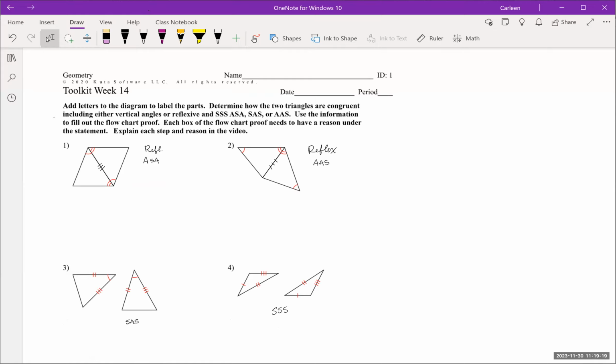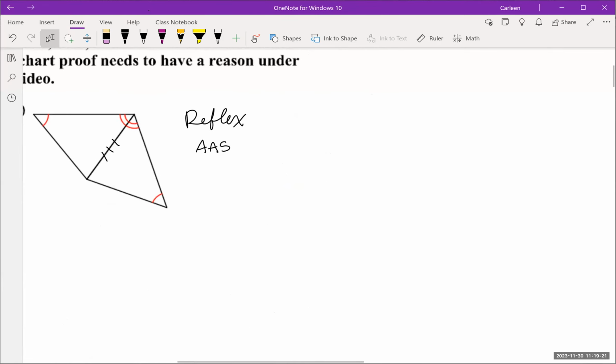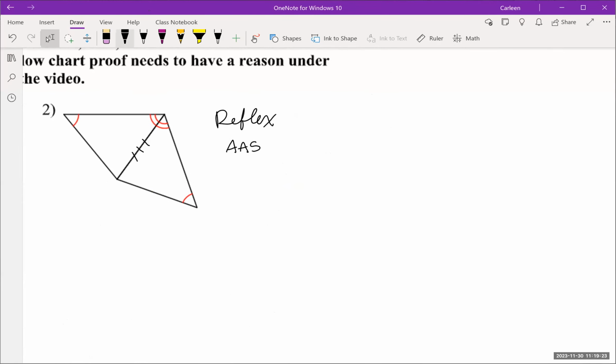Let's talk about the flowchart proof. We're going to do a flowchart proof for this. So first of all, I put letters at all of the vertices.